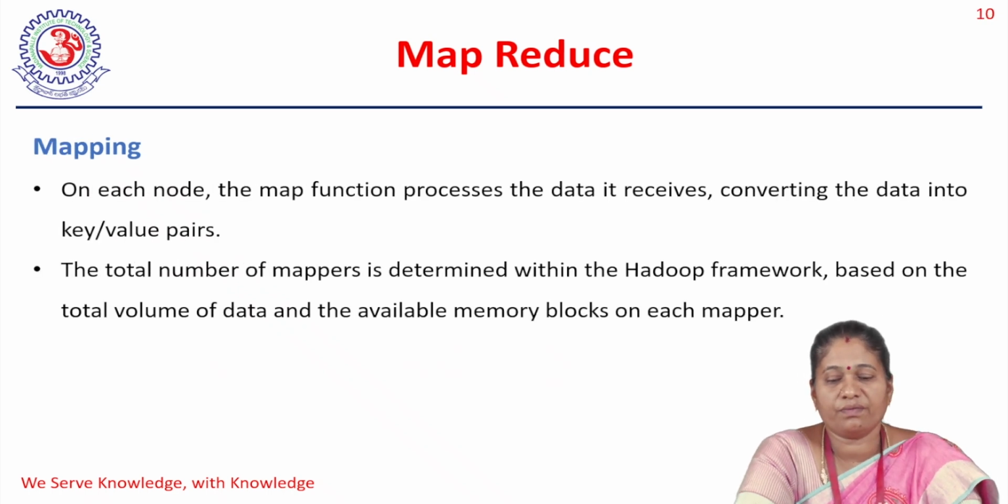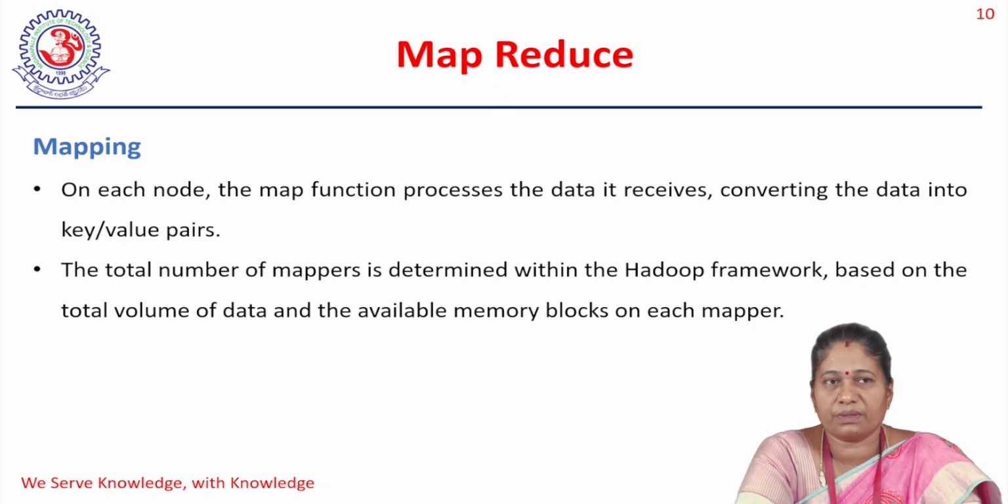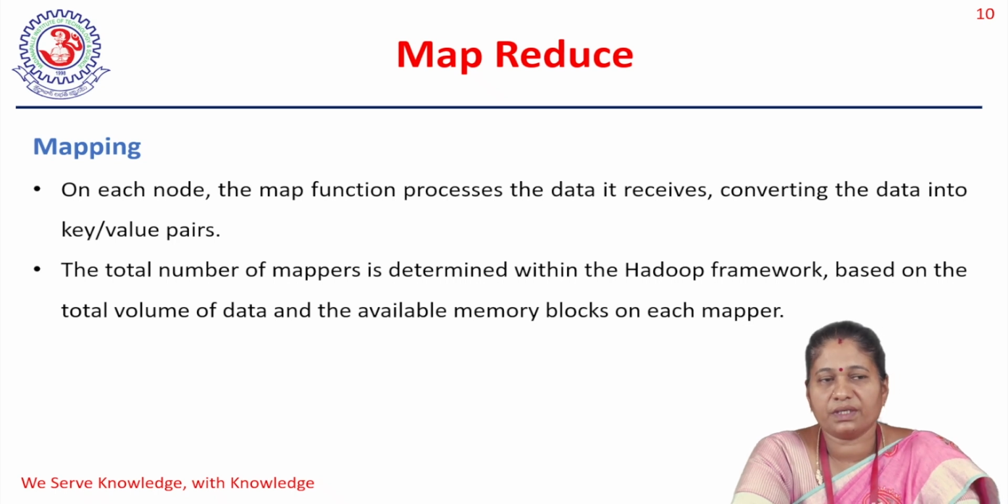Then what will we do in the mapping concept? After splitting, in each node we have a mapper function process. It will receive your data and convert it into key value pairs. So we have a concept called key value pair. Whatever the value is, based on that, the key is arranged.